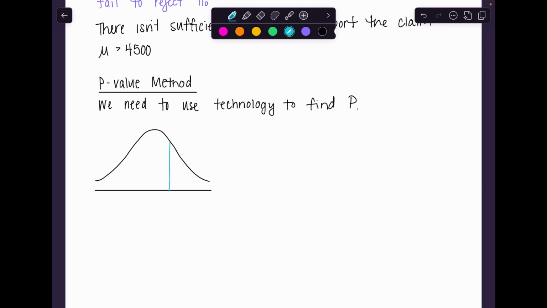Our test statistic we found to be 0.721. And so I want to figure out what is the area here. Okay. So whatever this is, that's our p-value. So when you use an online calculator, you'll plug in your value of t. Your degrees of freedom is again 24 in this case. Our significance level is 5%. And this in particular is a one-tailed test.